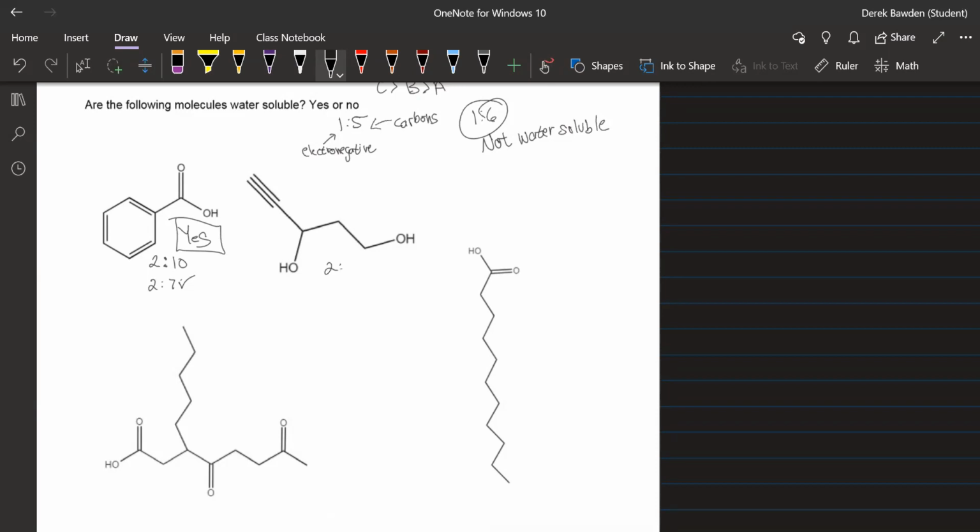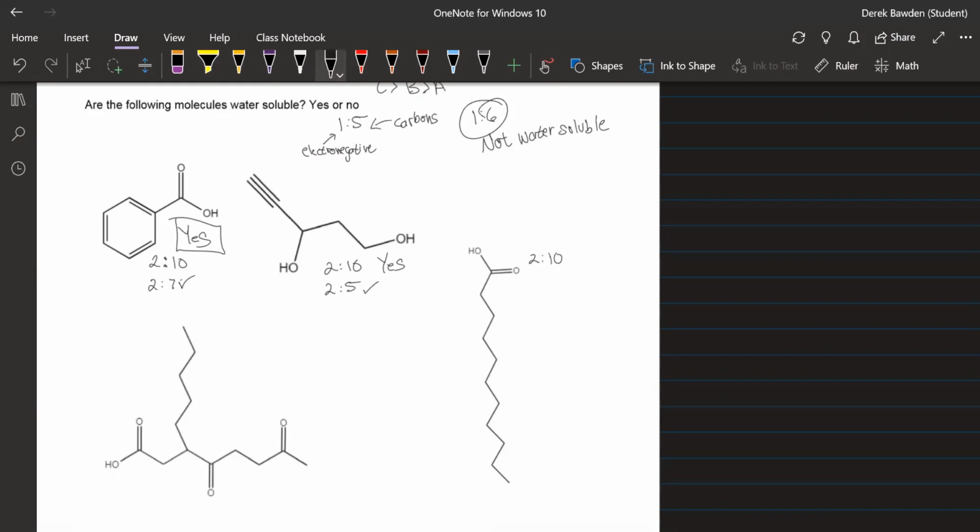All right, let's talk about the second one. We have 2 electronegative elements, so we can have up to 10 carbons. How many carbons? 5, right? So that checks out. This molecule is water soluble. Talk about this one right here. 2 to 10, right?